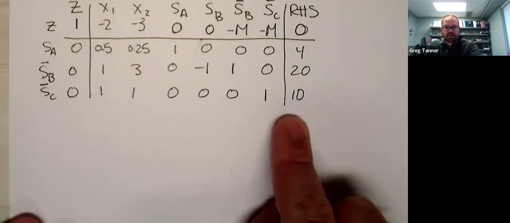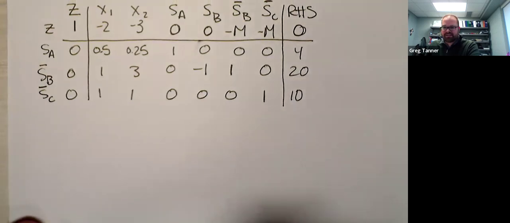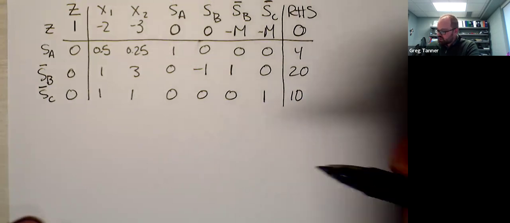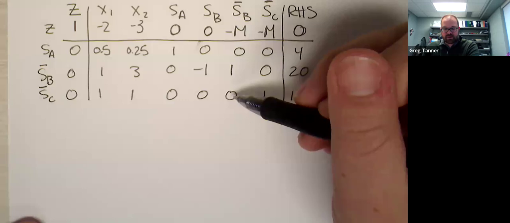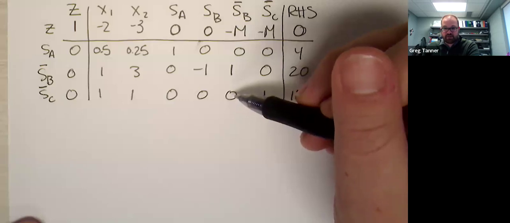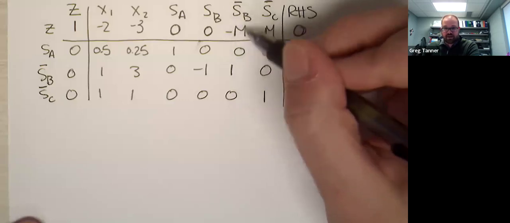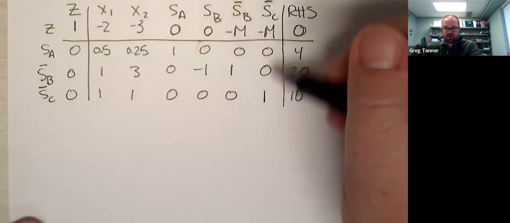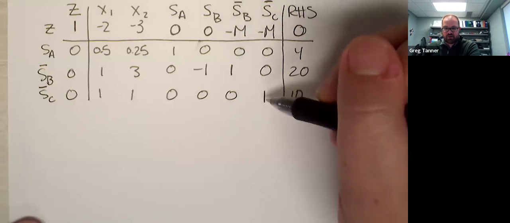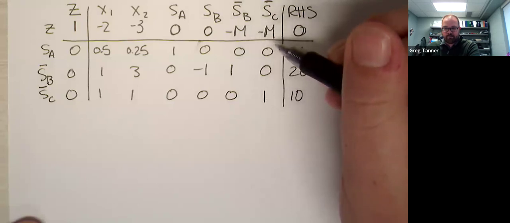Okay, so that's my initial basis, but notice it's not quite ready. Looking at the column for this basis vector, it's not exactly the standard basis vector because we've got this minus M up here. Same thing here, I'd want this to be 0, 0, 0, 1, but it's got this minus M up here.